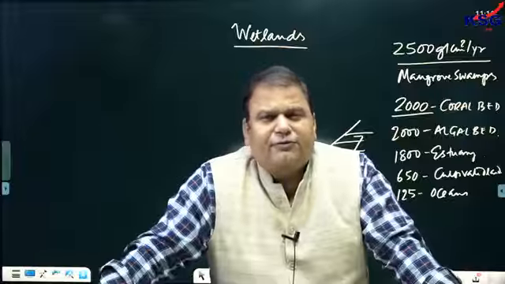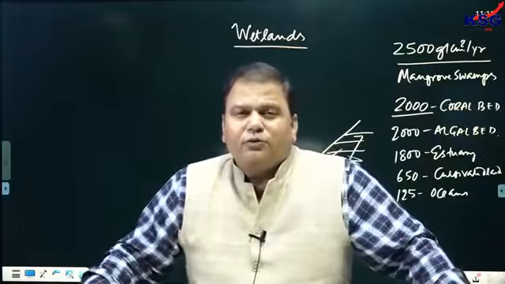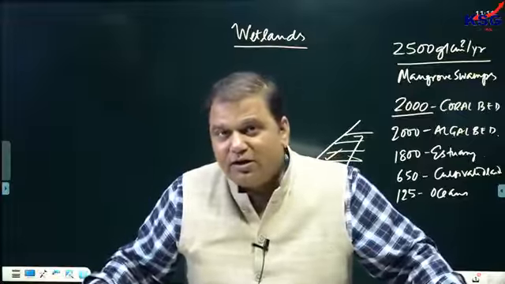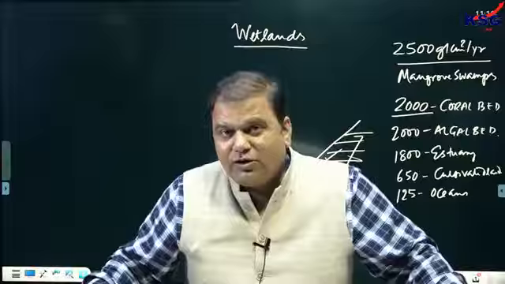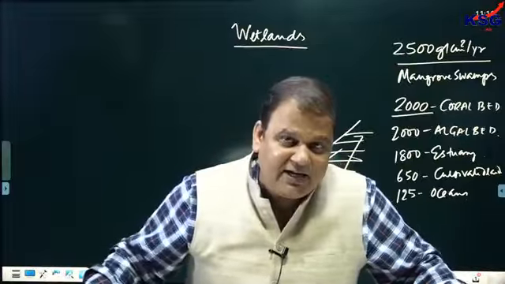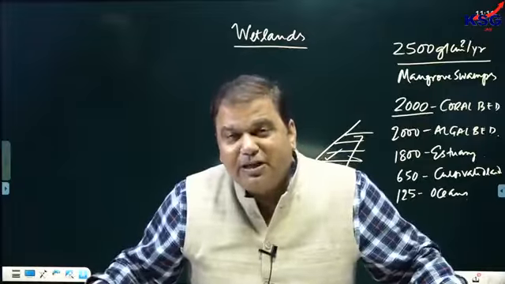After that there are fens. Fens are wetlands which are formed due to accumulation of underground water or surface water. They have nutrients, so their ecological productivity also would be high, but not as high as marshes or as high as mangrove swamps. And then there is a type of wetland which is called peat bogs.